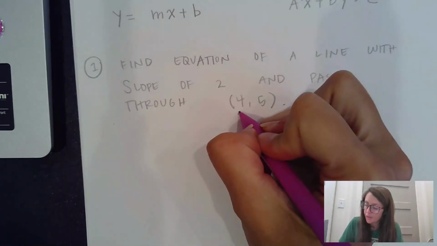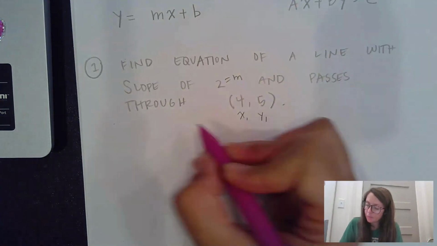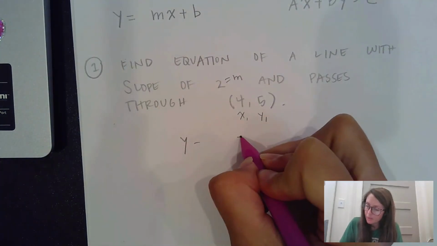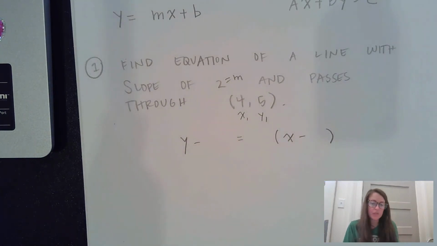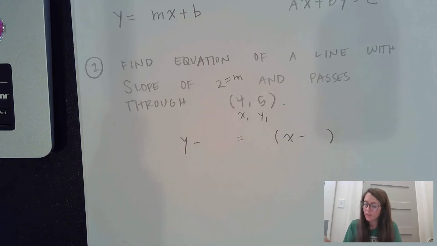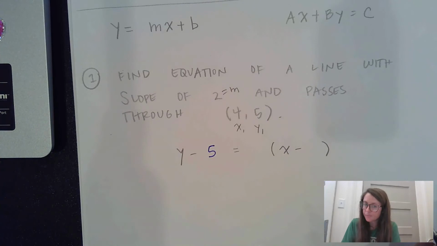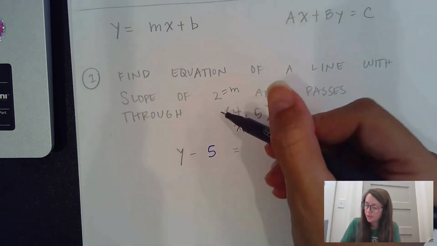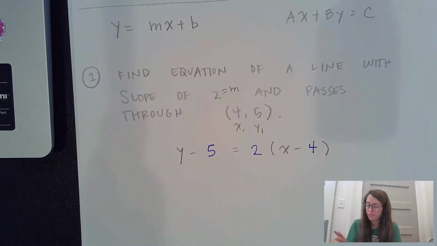So I know a point and I know my slope, so I can plug it in. I'm going to have y minus y1 is equal to m times x minus x1. We never plug anything in for that y or that x. So it's going to be y minus y1, which is 5, is equal to m, which is 2, times x minus x1, which is 4.